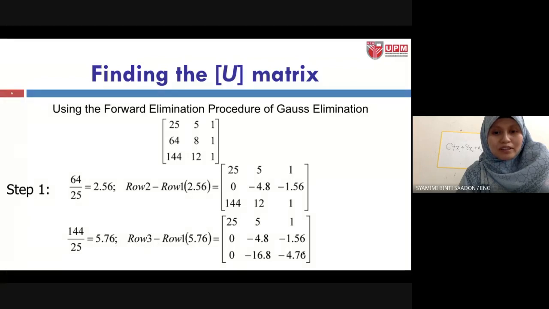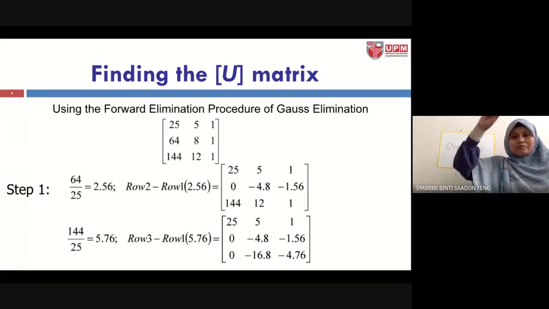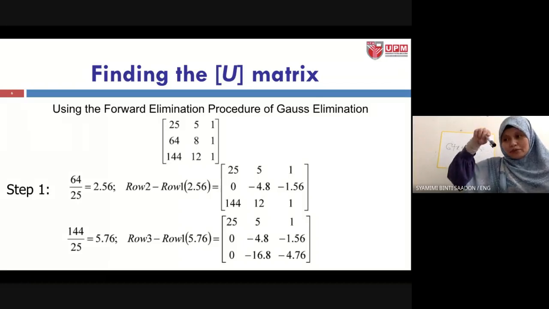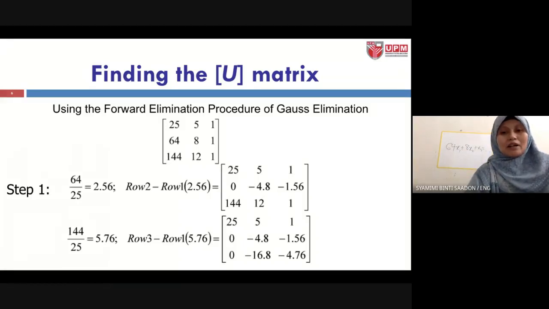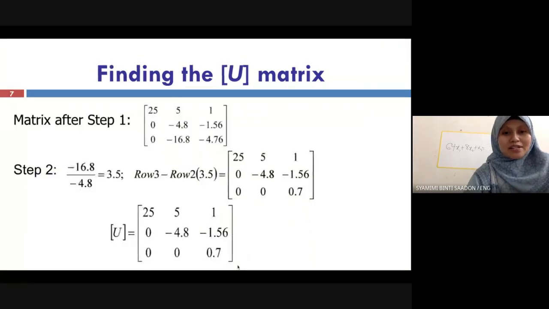So the component 12 will be 12 minus 5 times 5.76, so you get minus 16.8. For the first column, the second row and third row, we have achieved 0 value. So that is step 1.